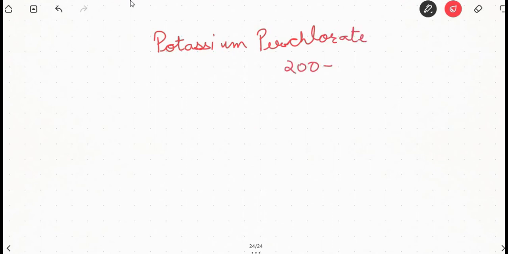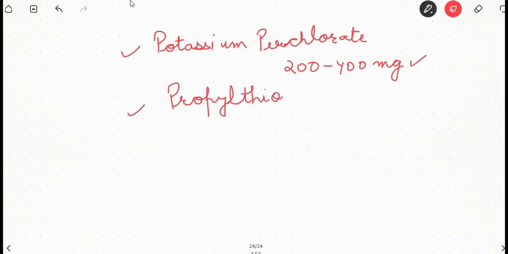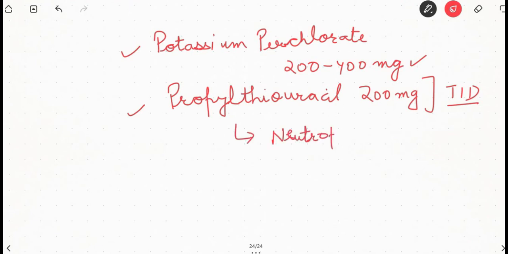Drugs that can be used are potassium perchlorate, given in the dosage of 200 to 400 milligram. Propylthiouracil in the dosage of 200 milligram thrice a day can be given to the patient who develops neutropenia due to carbimazole.